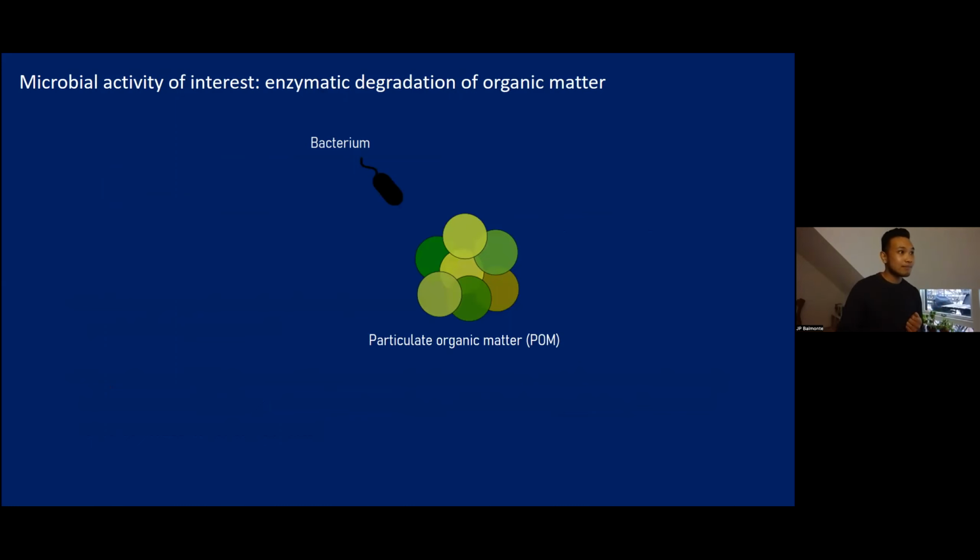Here is a schematic of a bacterium encountering its food in the form of particulate organic matter, thinking, how in the world will I get this to go into my cell? Because it's massive.